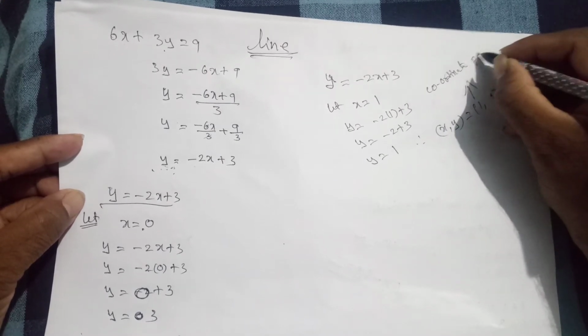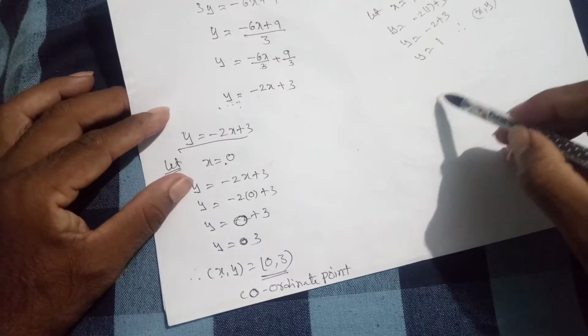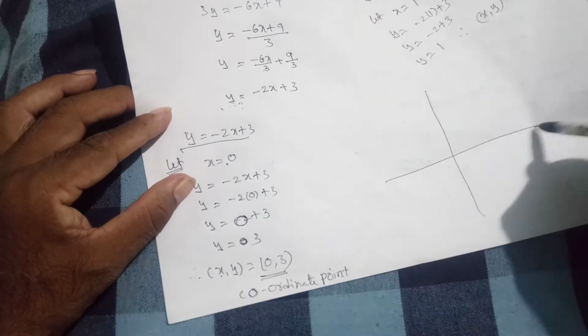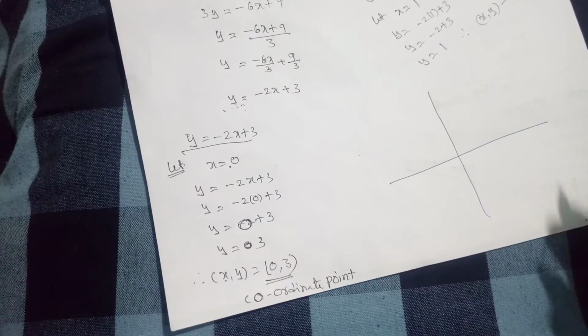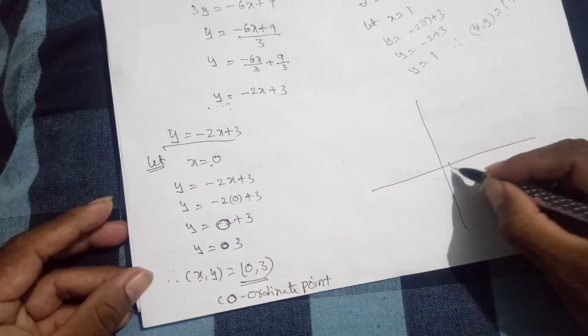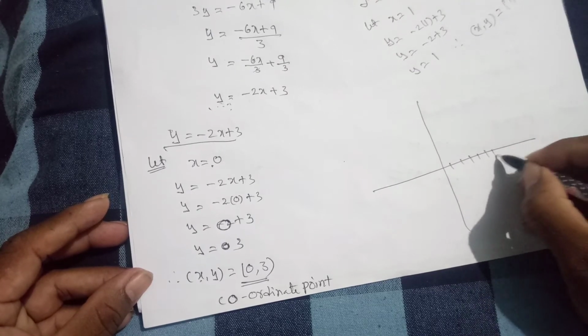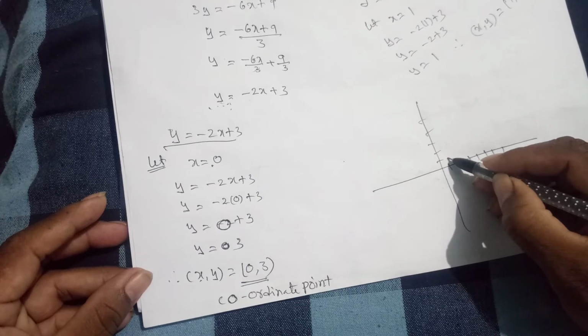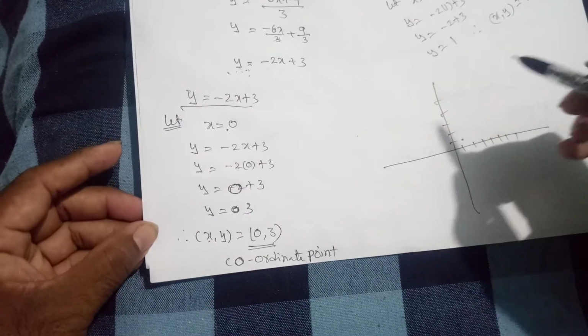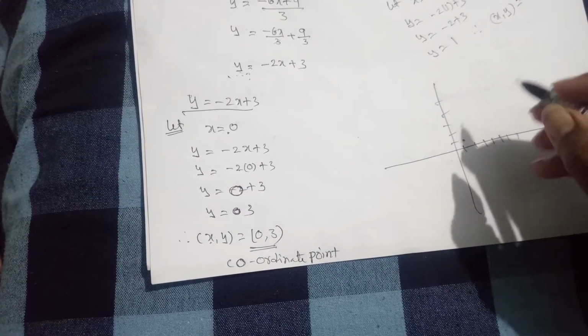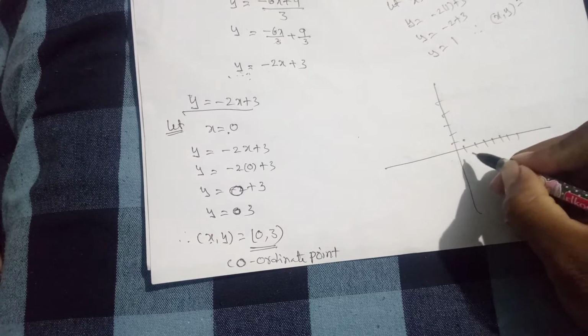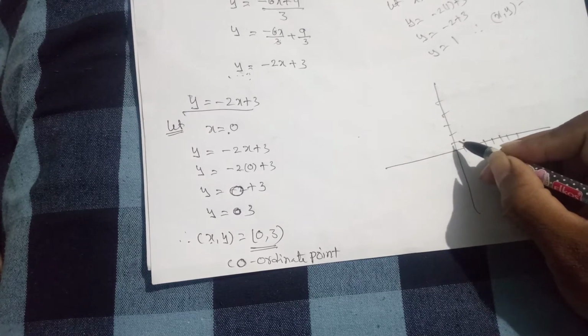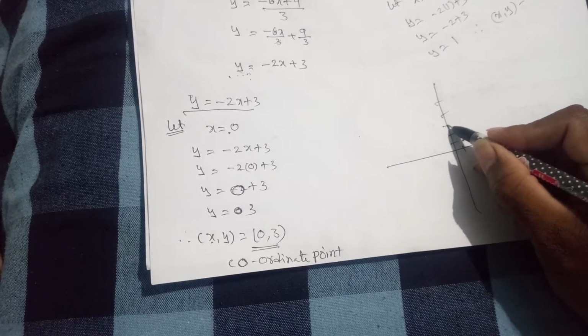Now take a graph. Obviously 1 comma 1 is this point, and 0 comma 3 is on the y-axis, 3 points meaning 1, 2, 3.